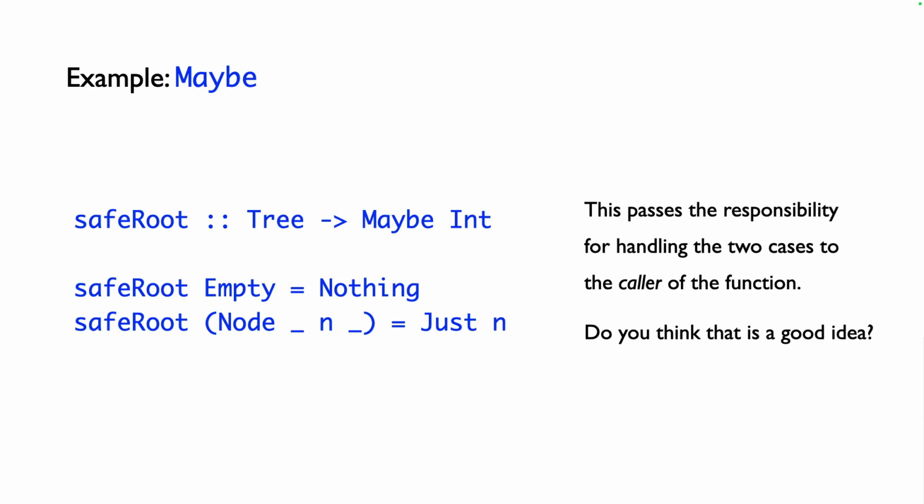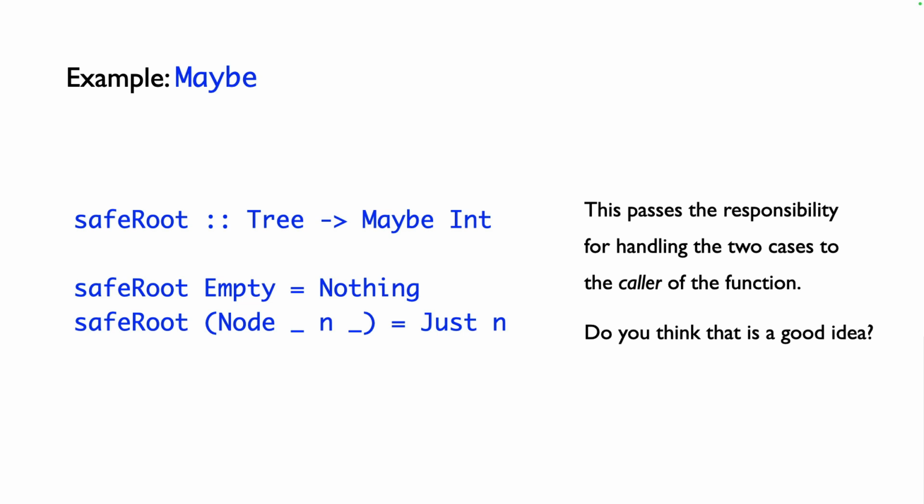Whereas if we apply safe root to Node with the value n as the integer, we return the result Just n. So now if you were the caller of this function, you don't get a number back. You get something of type Maybe Int, and that means you are responsible for dealing with the case that the tree doesn't have a root.